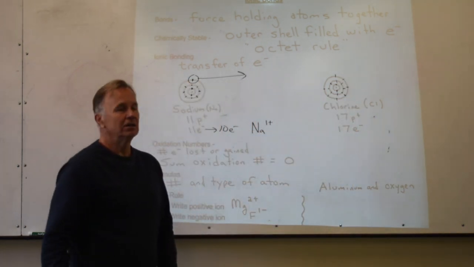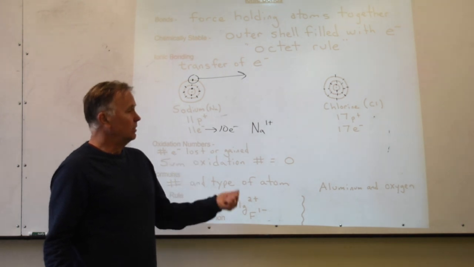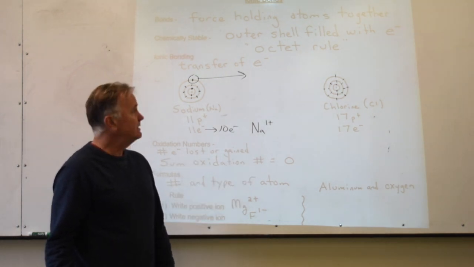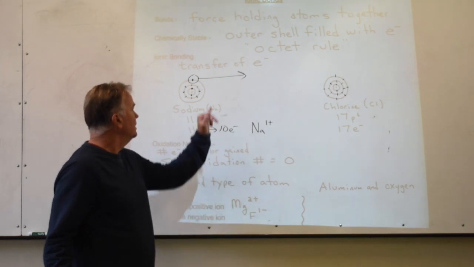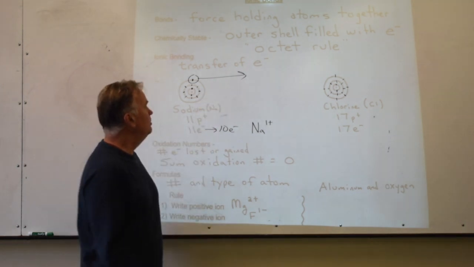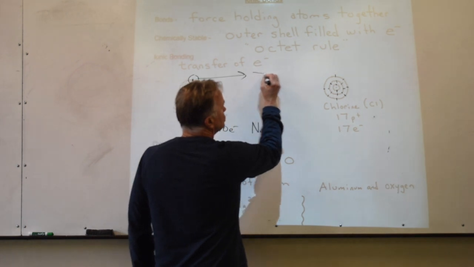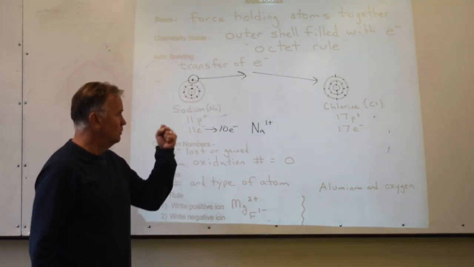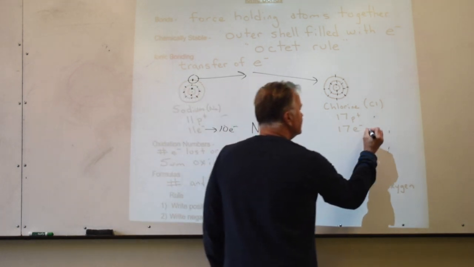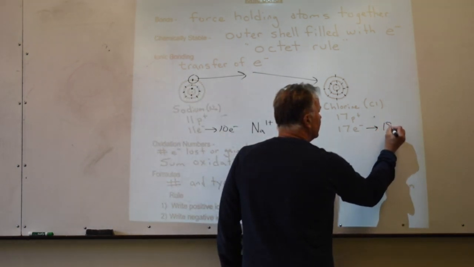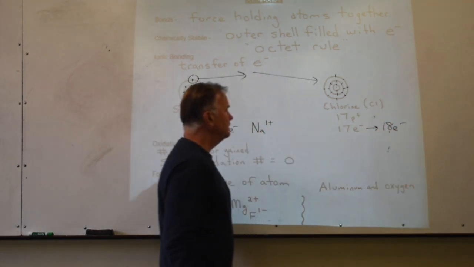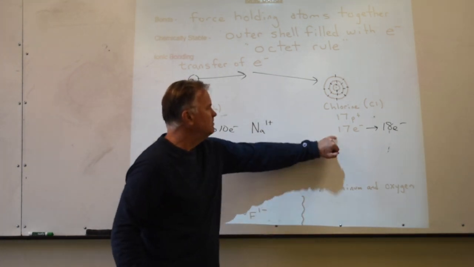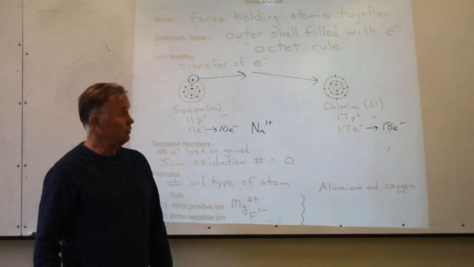So you see in chlorine's case, it can either lose 7 or gain 1. Of course, it wants to gain 1. That's a lot easier for it. And you can see the sodium could be the donator. So chlorine grabs up that electron. You get it? So now we're going to have 18 electrons. 17 protons and 18 electrons now.